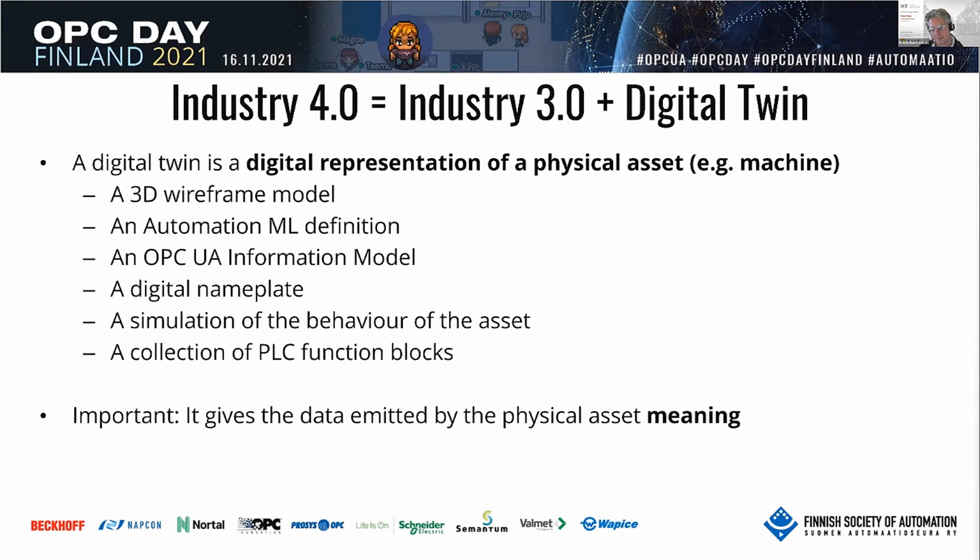And then at the most basic level, if you think about it, the function blocks that you've been using all along in your machine could also form part of a digital twin.